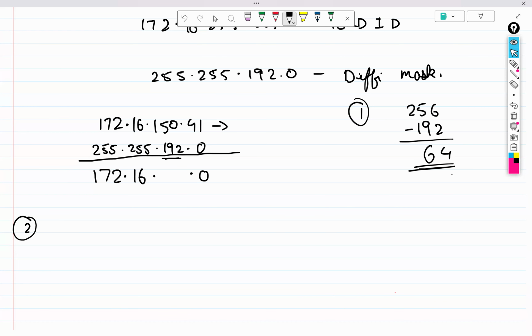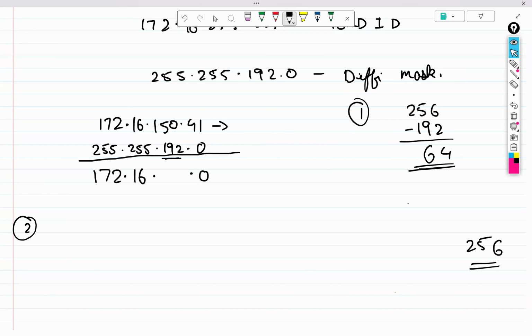From this question's perspective, the remainder is 64. Write down the multiples of 64 starting from 0 and up till 256, because in an 8-bit number, your number will start from 0 and go up till 256.